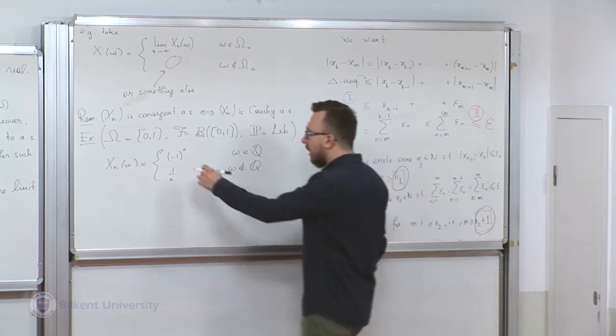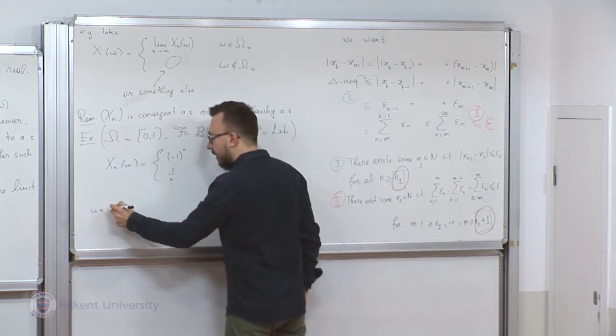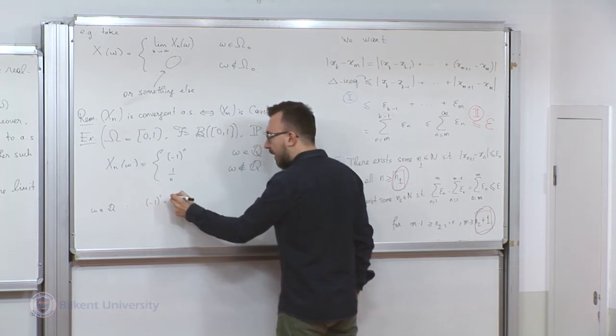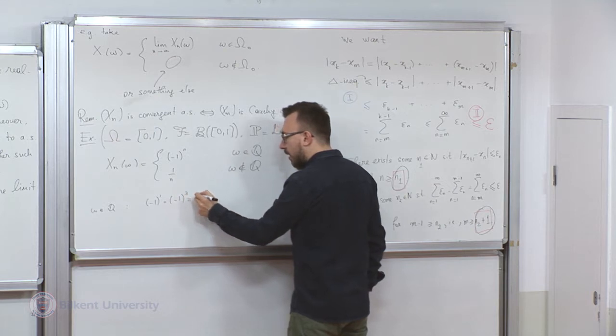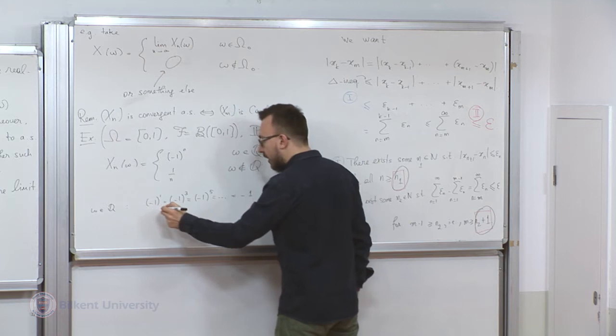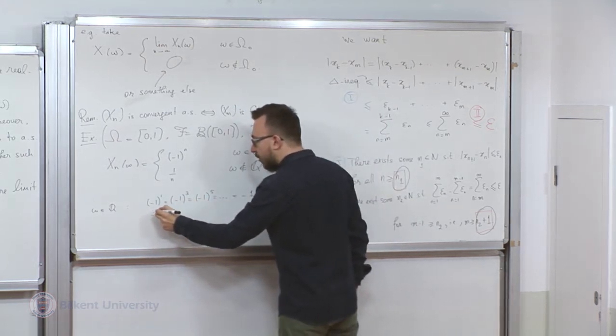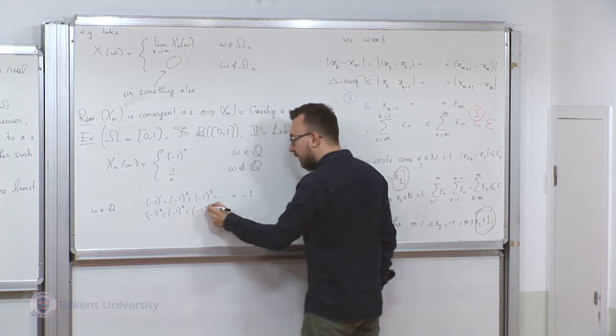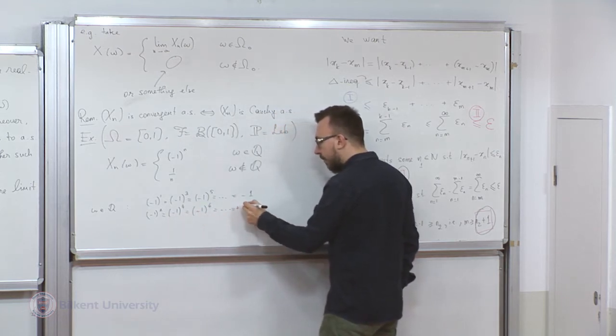If you look at omega in the rationals, you have (-1)^1, (-1)^3, (-1)^5, which are all -1, and (-1)^2, (-1)^4, (-1)^6, which are all +1.